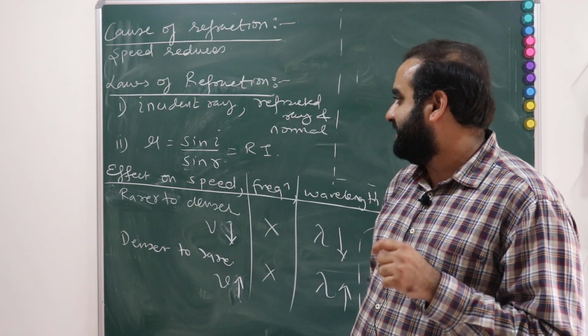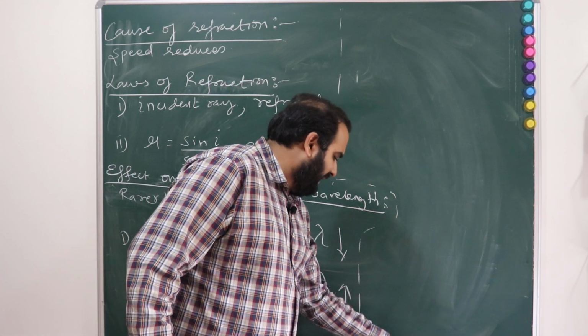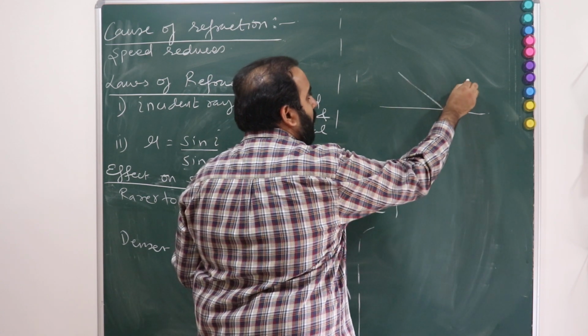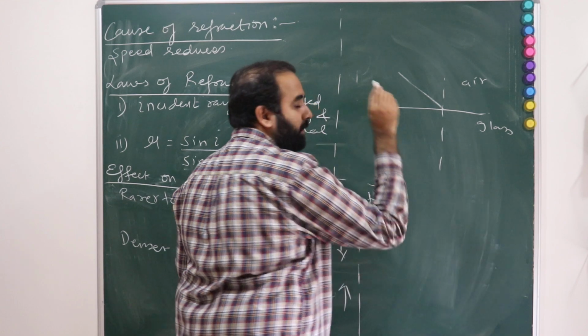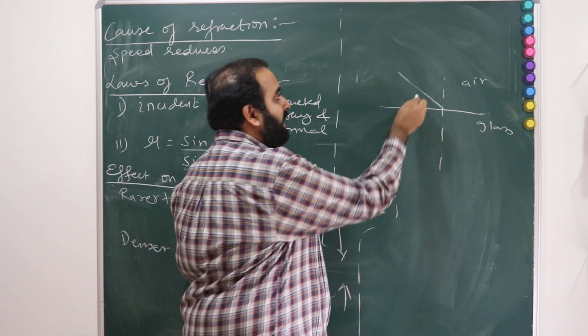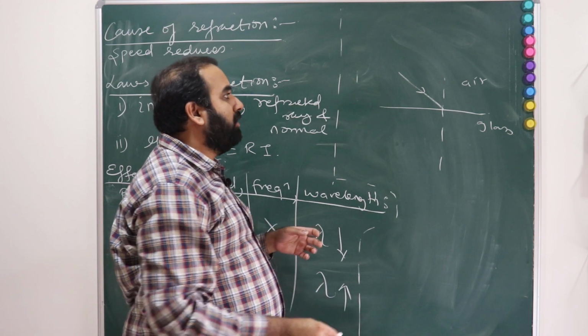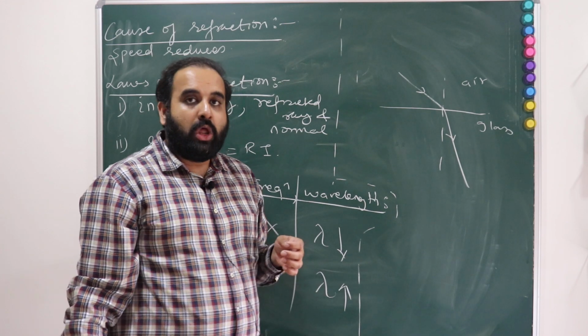Now what do you mean by this? Let us take two mediums, one is an air medium and another is a glass medium. Pay attention everyone carefully. There is a ray which is incident at a certain angle of incidence, and refraction takes place.